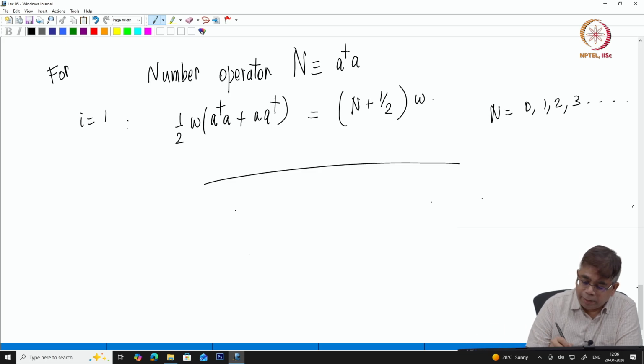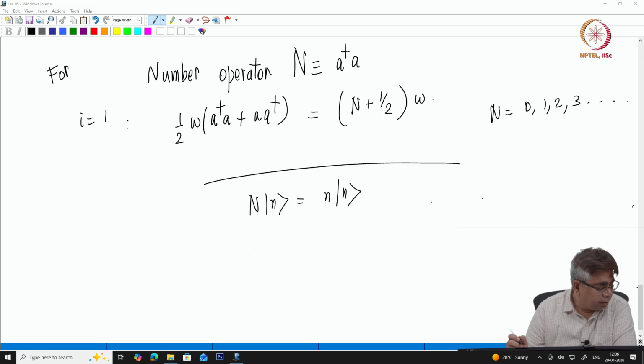So the number operator, what does it do? It acts on a state n and gives me the number of states associated with it. Now, what does the a dagger operator do?